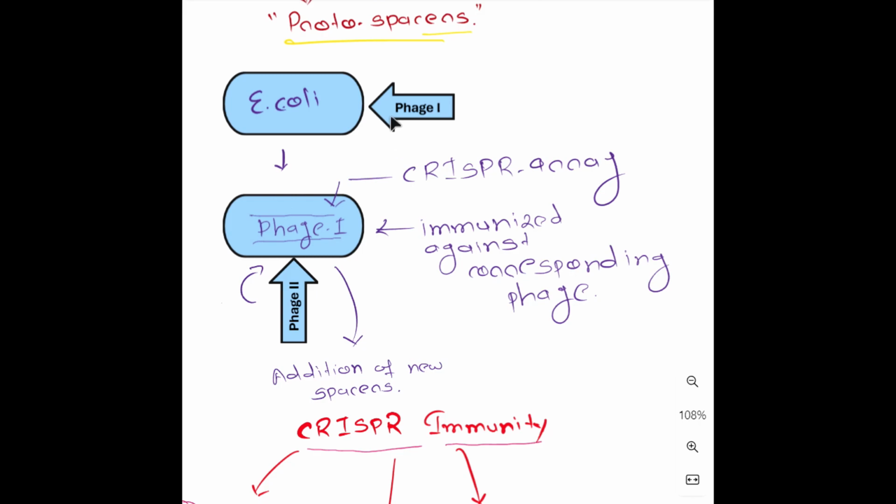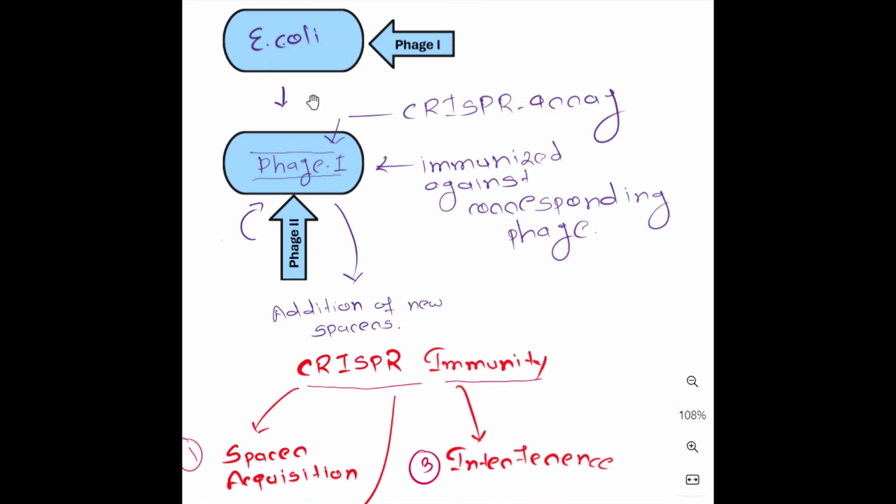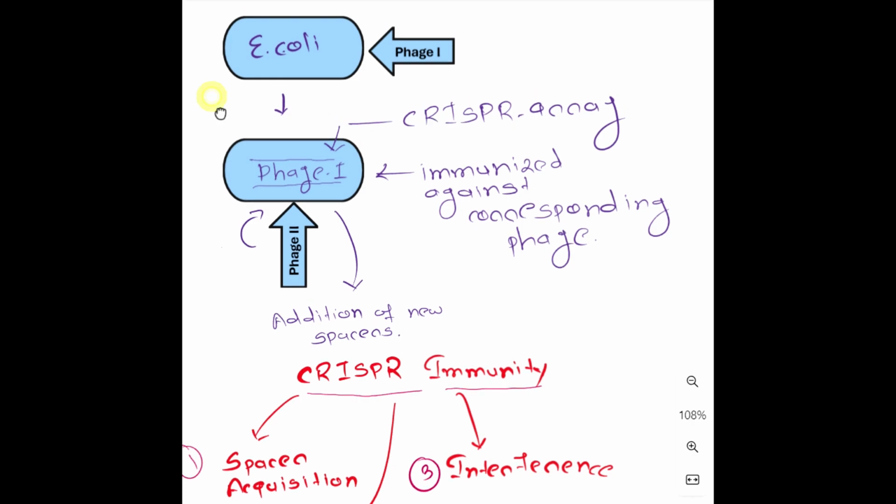So, for example, this is an E. coli cell that is infected by phage 1. The E. coli, using the CRISPR-Cas system, would generate spacers that would be complementary to the genome of phage 1 and subsequently get immunized against the corresponding phage.